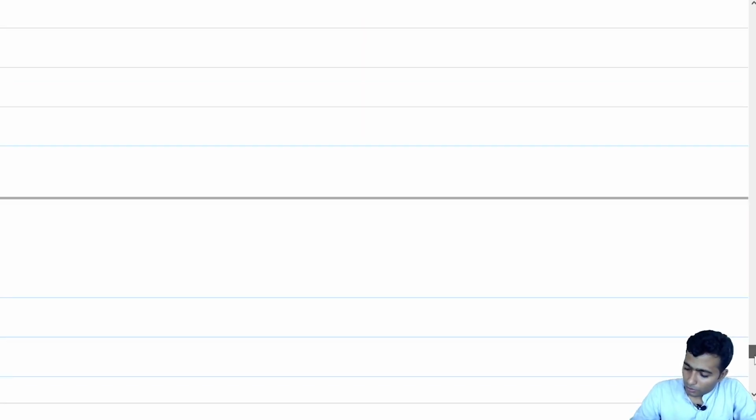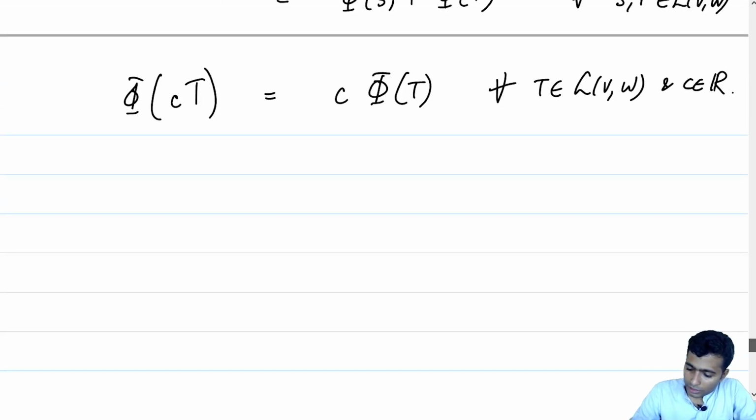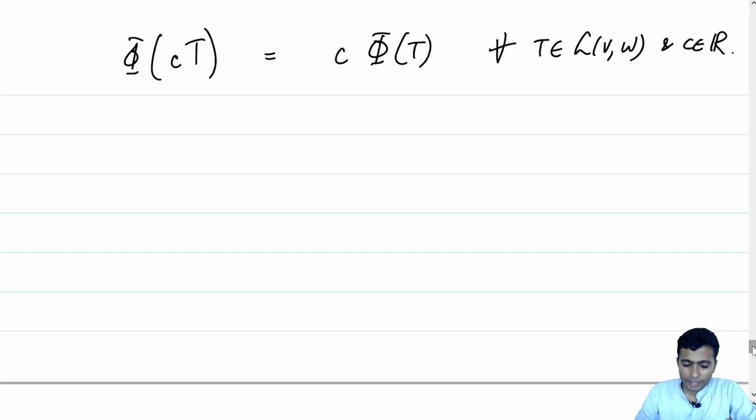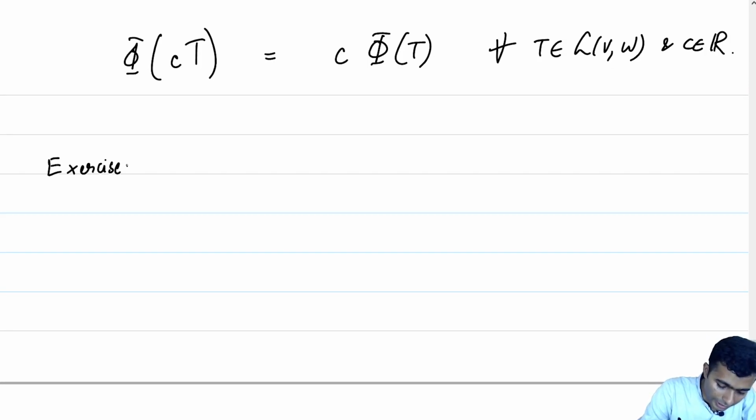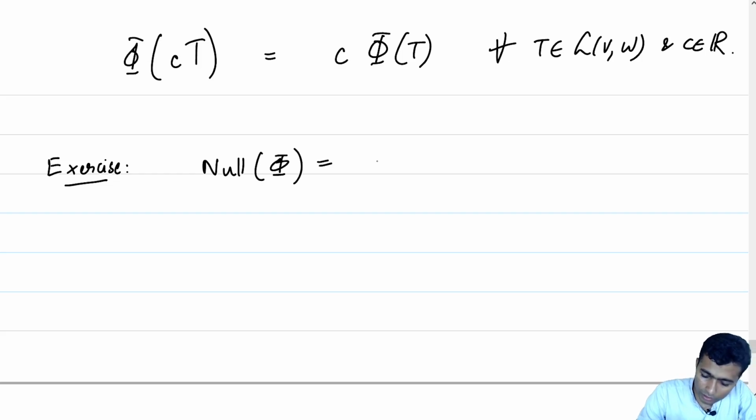Okay, so the injectivity comes by noting that, I will leave it as an exercise for you to check, that the null space of phi is necessarily the 0 linear transformation. So this is the 0 linear transformation.